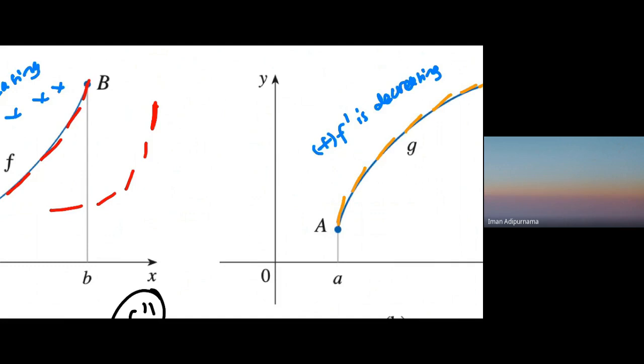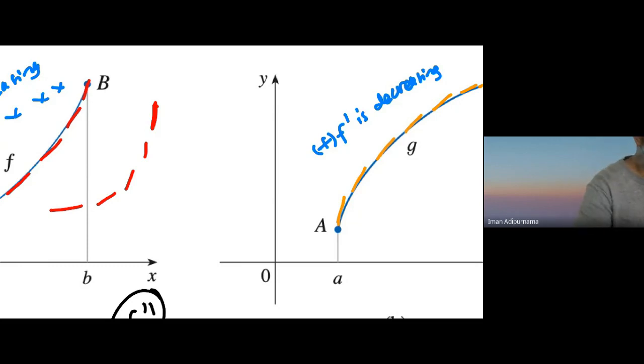If you have a bowl like this, you call it upward. If you have a bowl closing down like this, downward. Some books use concave and convex, but for me it's difficult to distinguish. I think upward and downward is better.